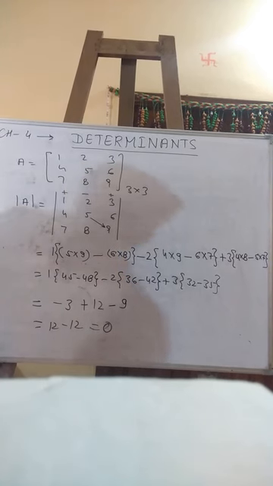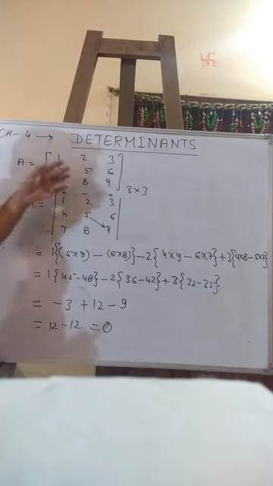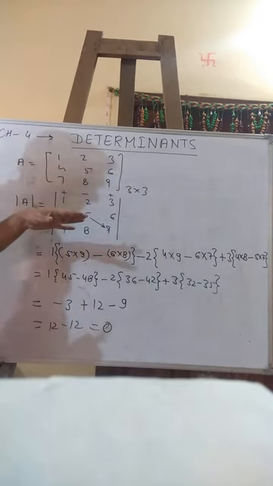So the determinant is the numeric value of a square matrix. What is the difference between a matrix and a determinant? Determinant is a numeric value, whereas a matrix is not. A matrix cannot be expanded.